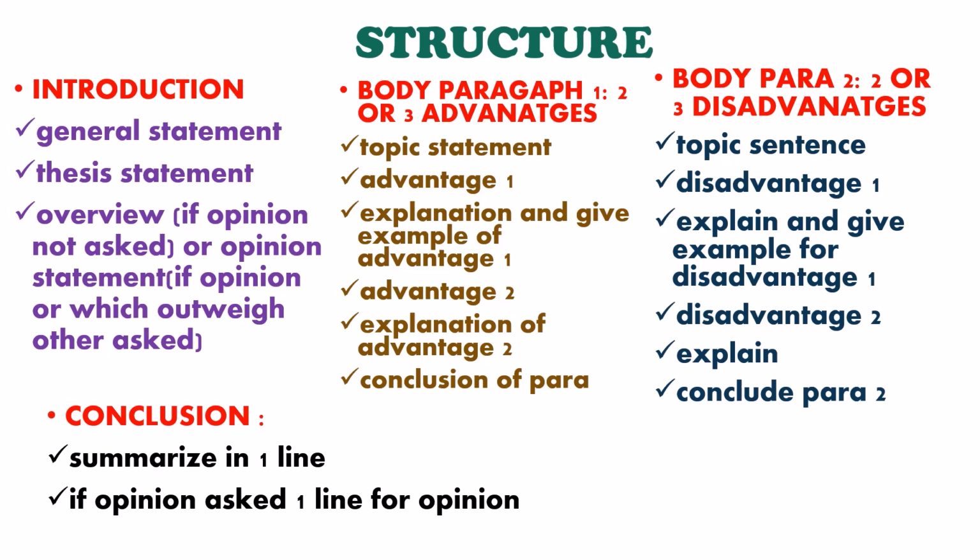If opinion is not asked, you will just conclude in one line. That will be more than enough. So this is the basic structure for your advantage disadvantage question type, whether it is opinion or not. This remains the same, only the introduction paragraph's third statement and the conclusion paragraph's second statement will change according to whether opinion is asked or not.